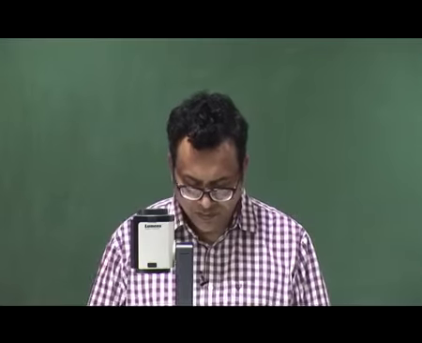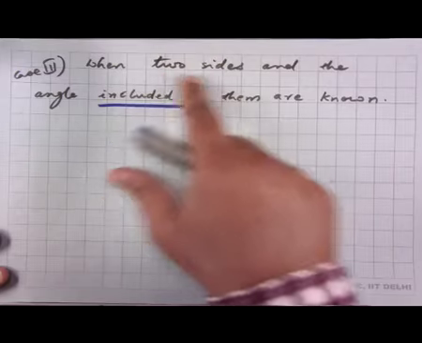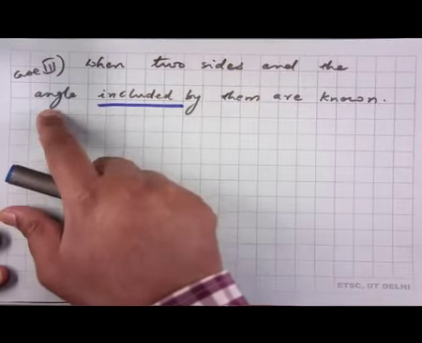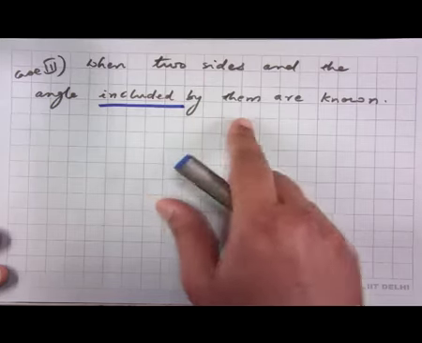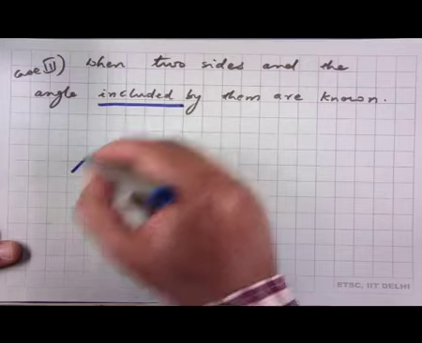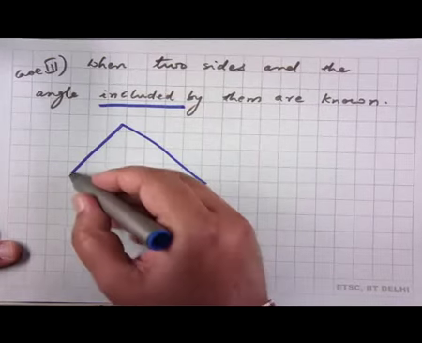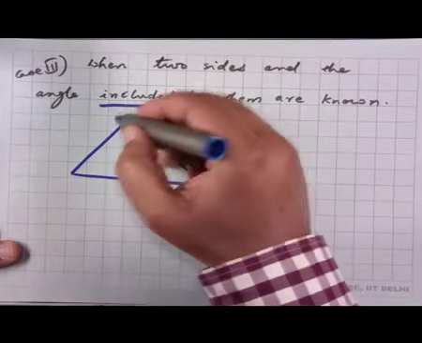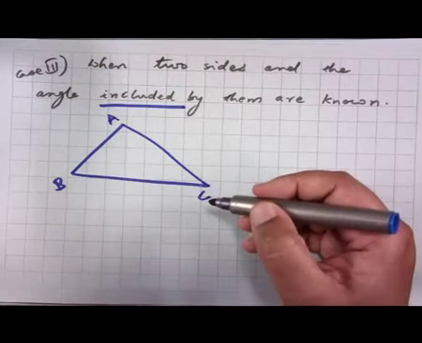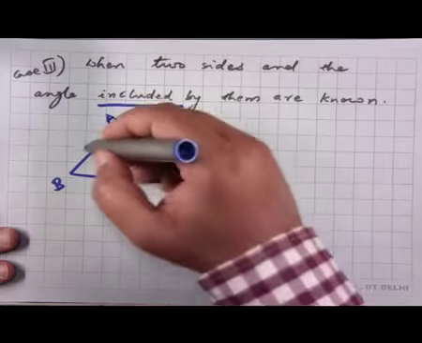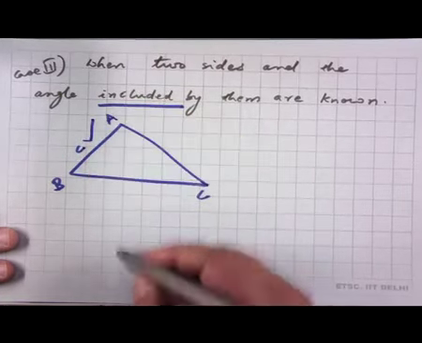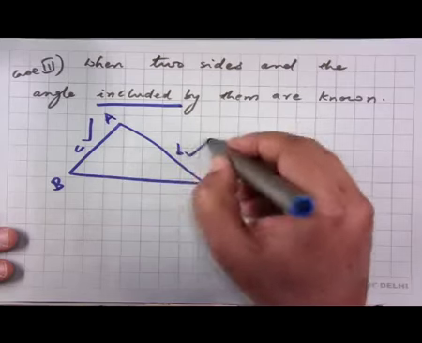Another example is where the length of 2 sides is known and also the angle included by them. So, suppose this is triangle ABC and we know this length c is known, this length b is known.